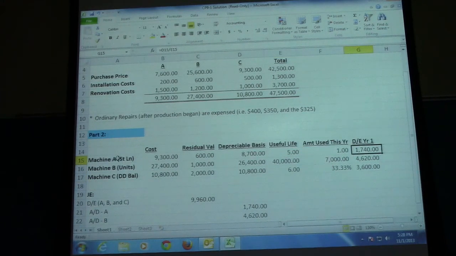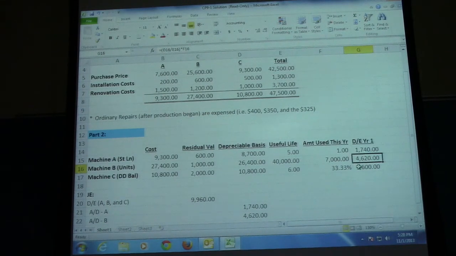So, for straight line basis, we use 1/5, or we can take the total depreciable cost or basis and divide by the useful life, because it's the same as multiplying times 1 over the useful life, right? And so that gives us a total amount here of 1,740 per year. We're just calculating year 1, but it's the same every year.